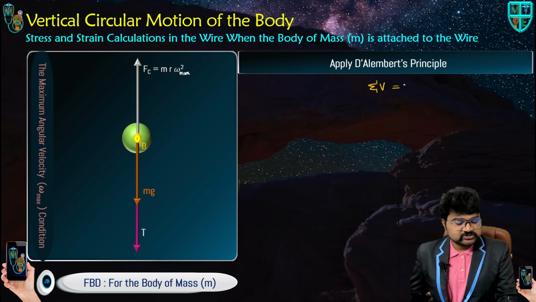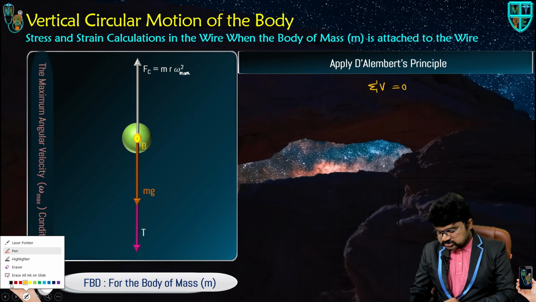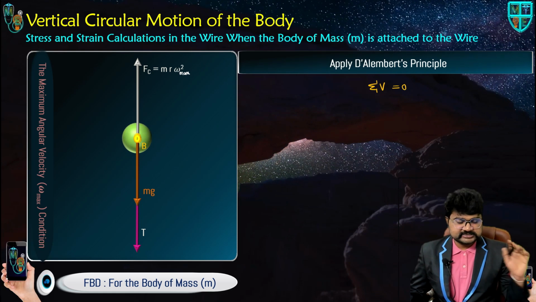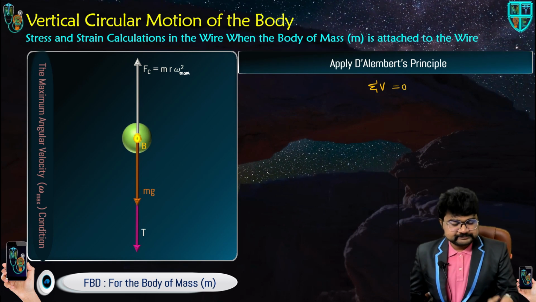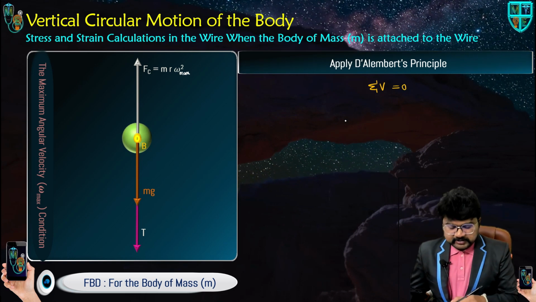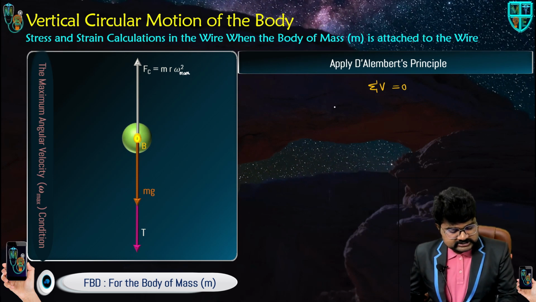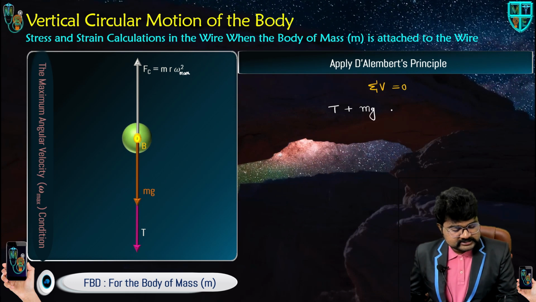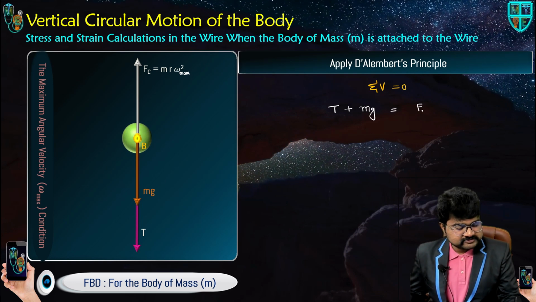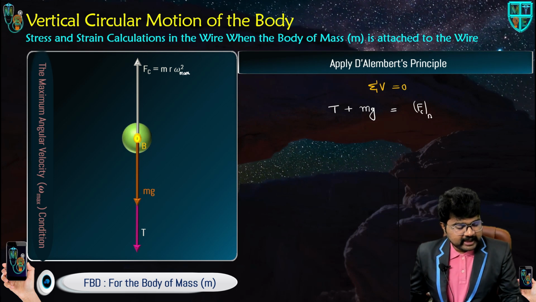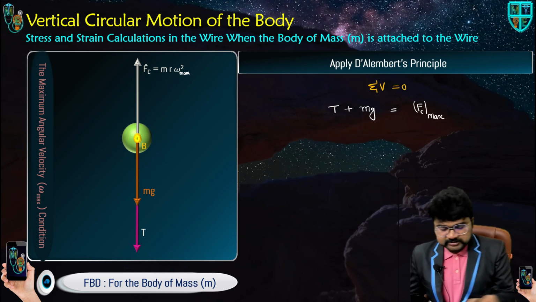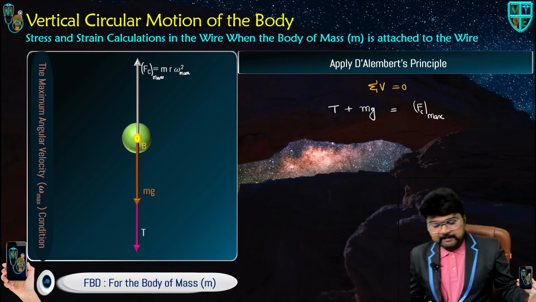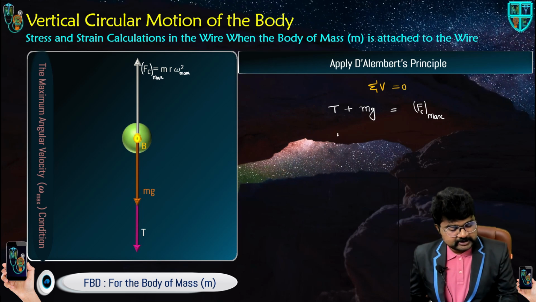Sigma V equals 0, which means the sum of the upward forces equals the sum of the downward forces. What are the upward forces here? Tell me. The sum of the downward forces equals the sum of the upward forces: T plus mg equals Fc maximum, the maximum centrifugal force, since we are working on the maximum angular velocity condition.